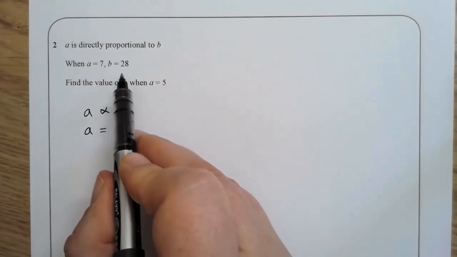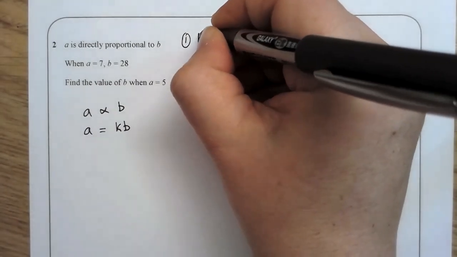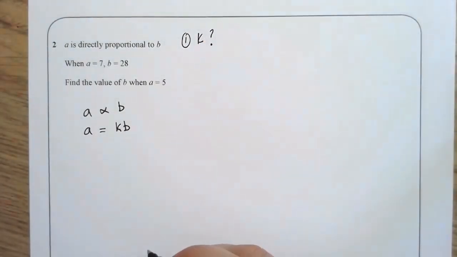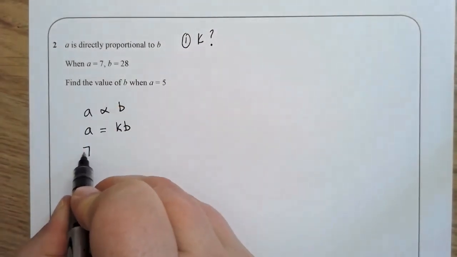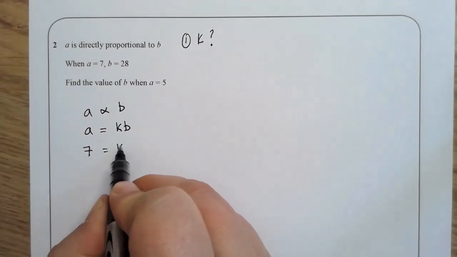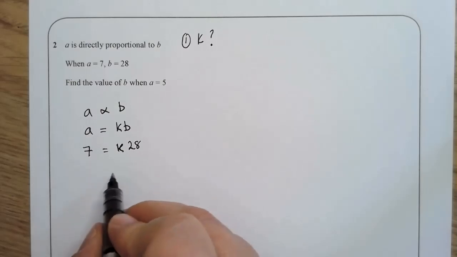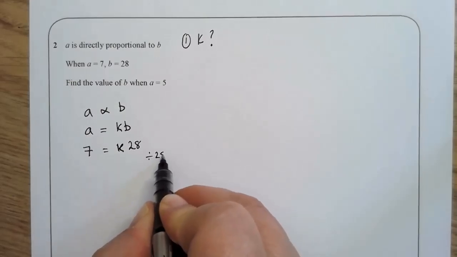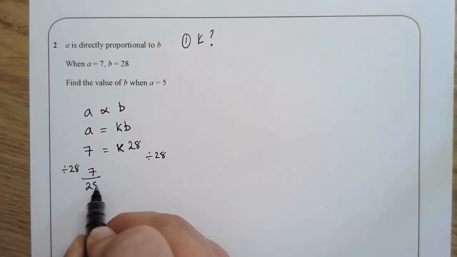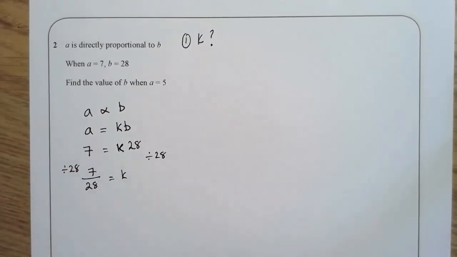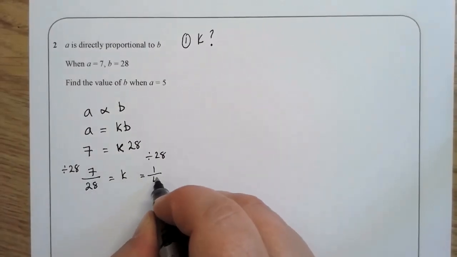But what we want to do first is find K. So step 1 is to find what K is. So we substitute in. We take that A as 7, we take that B, which is our 28, and then we divide both sides by 28. And therefore we have 7 over 28, which equals our K. Now that will actually simplify to 1 over 4.